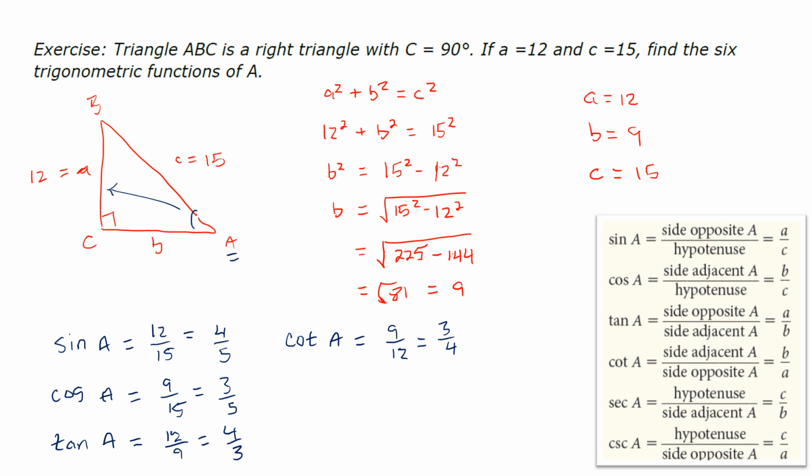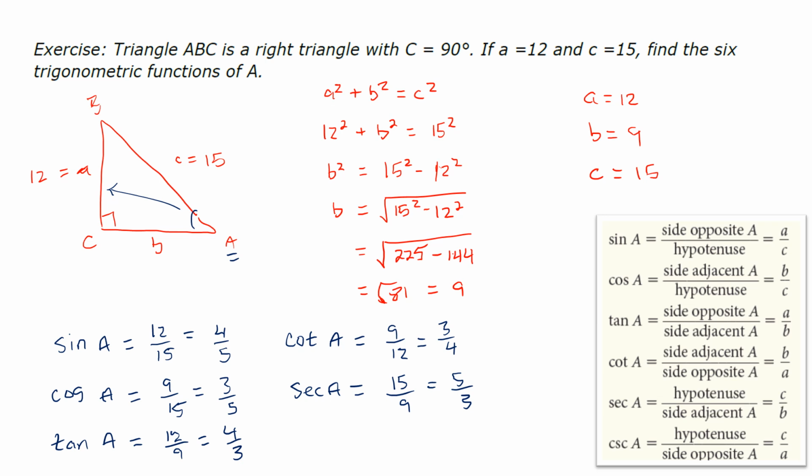Then we have the secant A, which is the hypotenuse, over the side adjacent A, which is B, so that's 9. So that's 5 over 3.